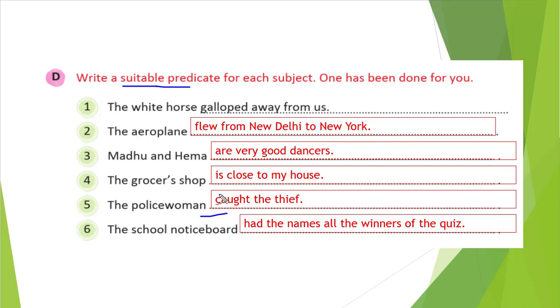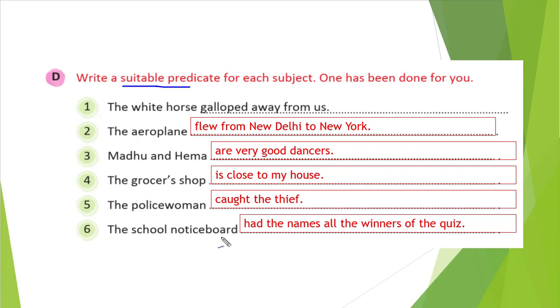For example, the policewoman is close to my house is the wrong one. The predicate we write should give more information about the subject. Whatever predicate I wrote shows information about the subject, correct? That way you need to write.